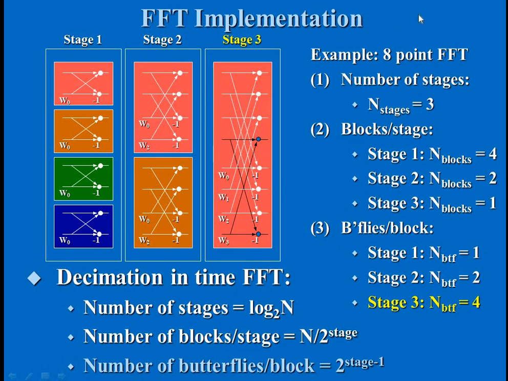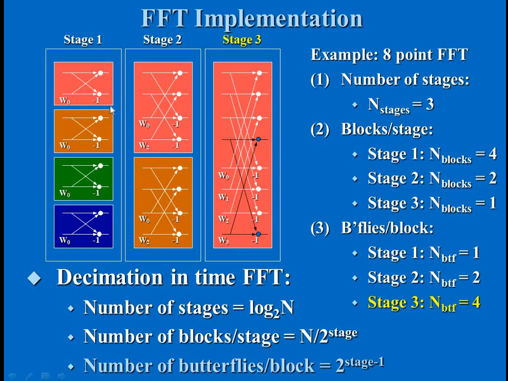So the very first thing is we have to find the number of stages. Either you can use this formula, or you can equate this to 2 power m. The number m is the number of stages. After that we have to find the number of blocks required per each stage. The formula is n by 2. It means we are going to decimate the number of sequences. In the starting we are having 8.